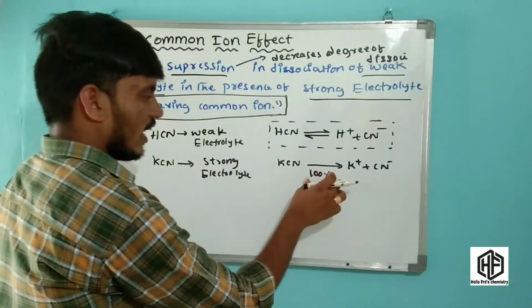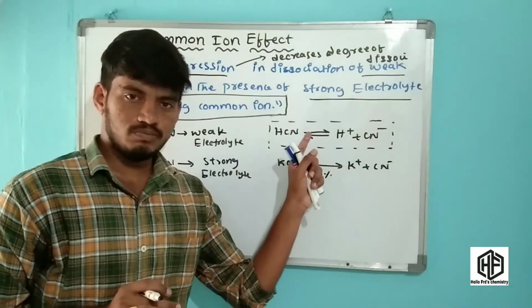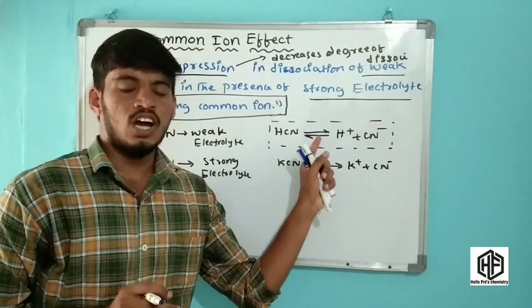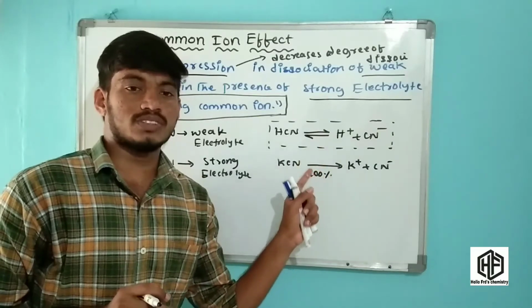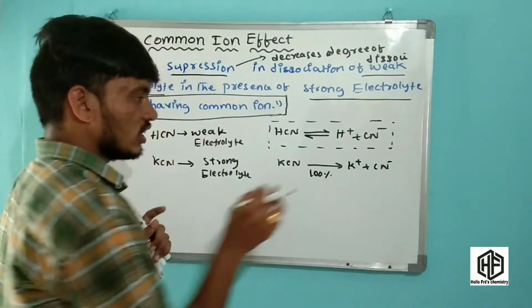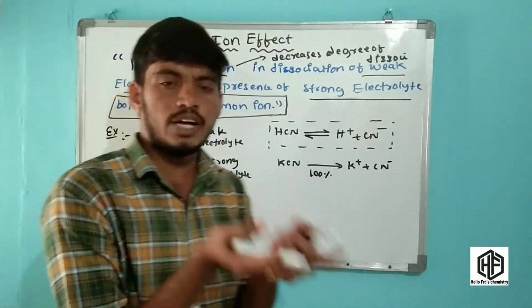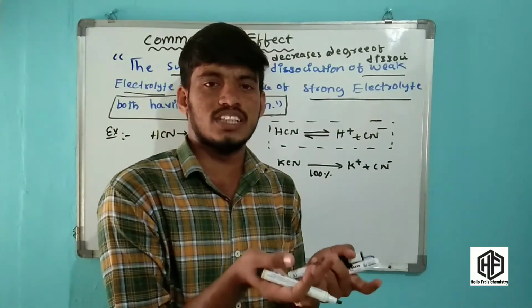Now what happened? The addition of KCN. This HCN solution is in a stable state. Whenever KCN solution is suddenly added, KCN being a strong electrolyte is 100% dissociated into K plus and CN minus ions.